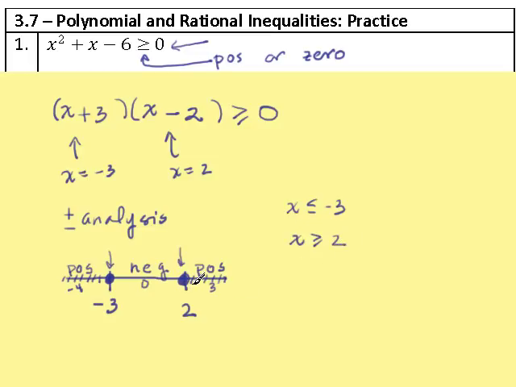And again, we're including 2 because that's where it's equal to 0, and we're including minus 3 because that's where it's equal to 0. And we want to know, when is it positive or 0. So it's positive or 0 on these intervals.